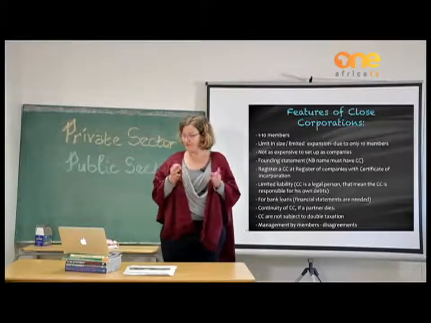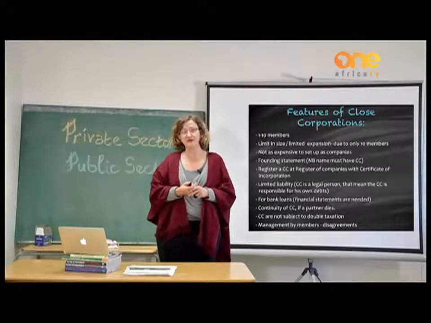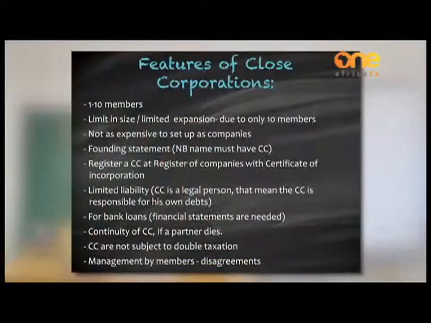Okay, a very important point of a close corporation is that they have limited liability. You remember in the case of partners and sole traders, they have unlimited liability. Limited liability means that the close corporation itself acts as a person. They call it a legal person on its own.